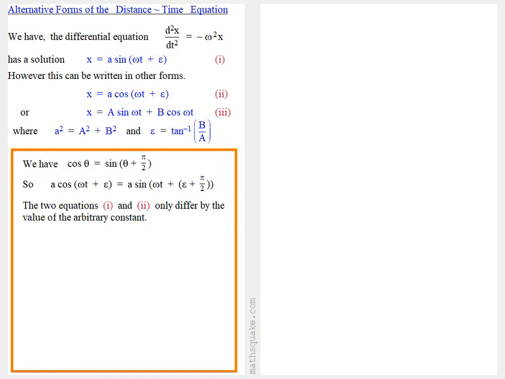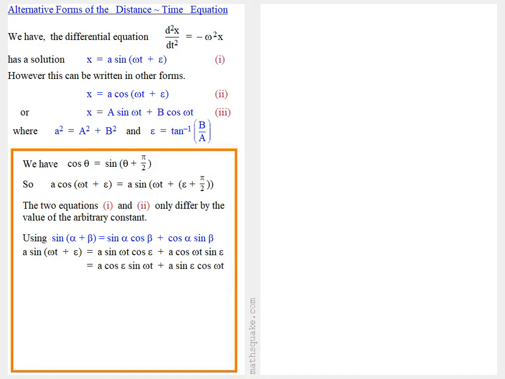To see why equations 1 and 3 are the same, we need to use the compound angle formula. The sine of alpha plus beta is equal to the sine of alpha cos beta plus cos alpha sine beta. We have a sine(omega t plus epsilon) is equal to a sine omega t cos epsilon plus a cos omega t sine epsilon.